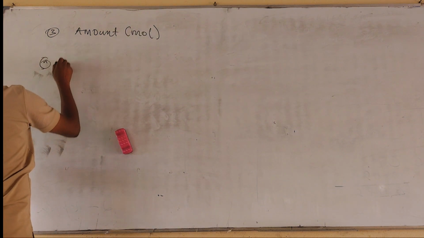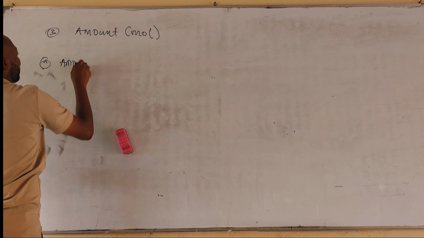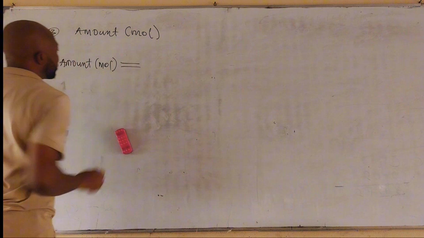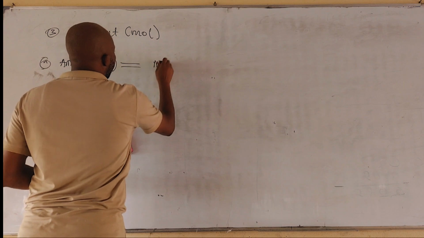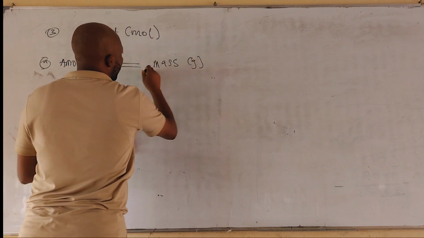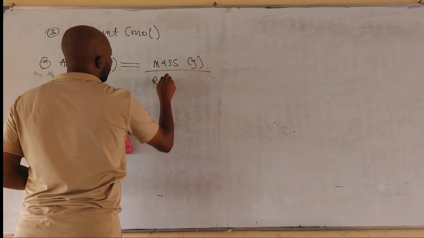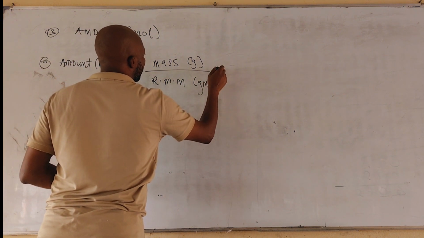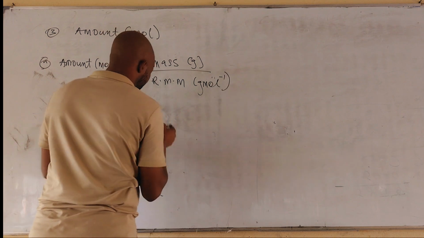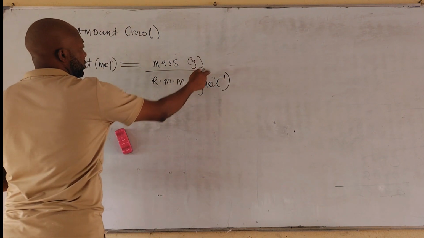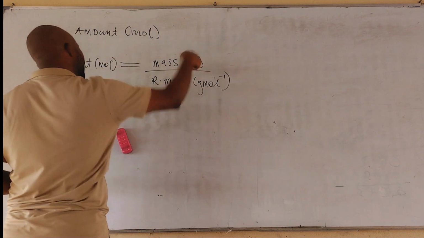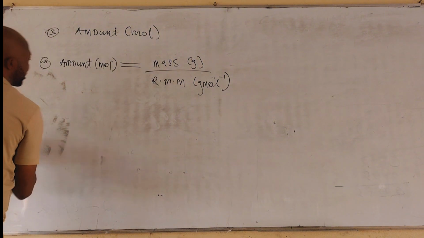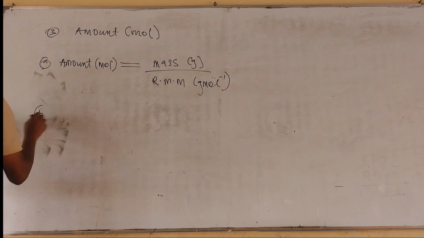A, amount in mole is equal to mass in gram over relative molecular mass in g/mole. Grams will cancel gram. I'll be left with per mole. If I inverse it, I'll have mole for amount. That is for A. Let's see B.